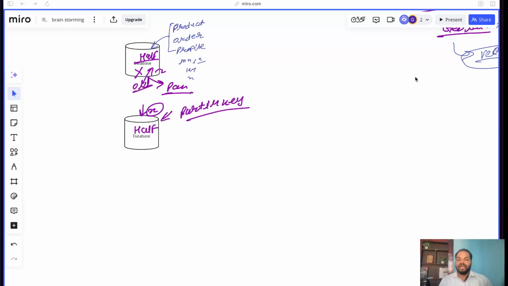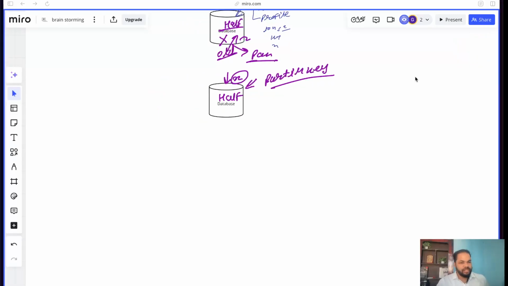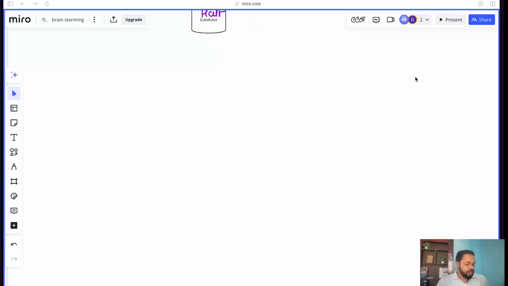What are the schemes to do the horizontal partitioning? Main important thing. To do the horizontal partitioning, we use multiple strategies or schemes. One of them is range based partitioning.